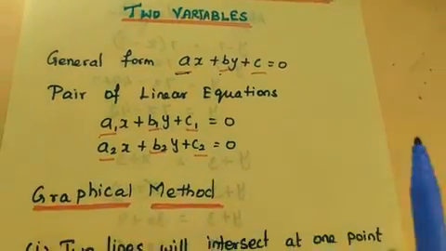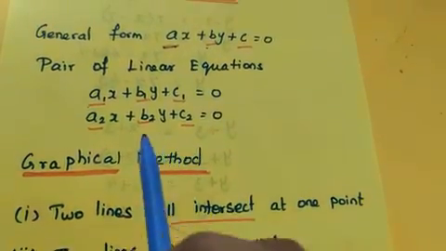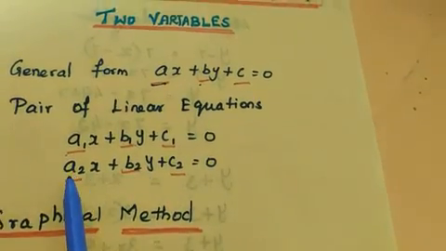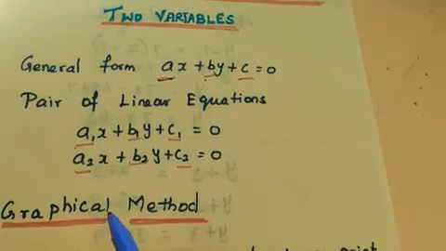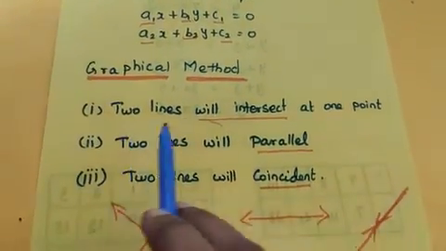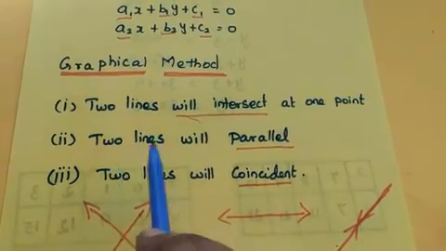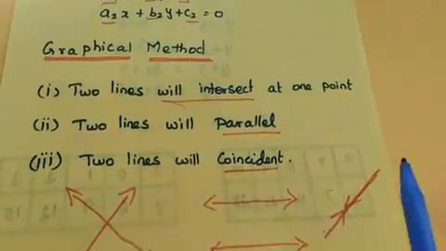For this equation you will get one line and for the second equation you will get another line. Case 1, the two lines will intersect at one point. Another case is that the two lines will be parallel, they will not meet each other.